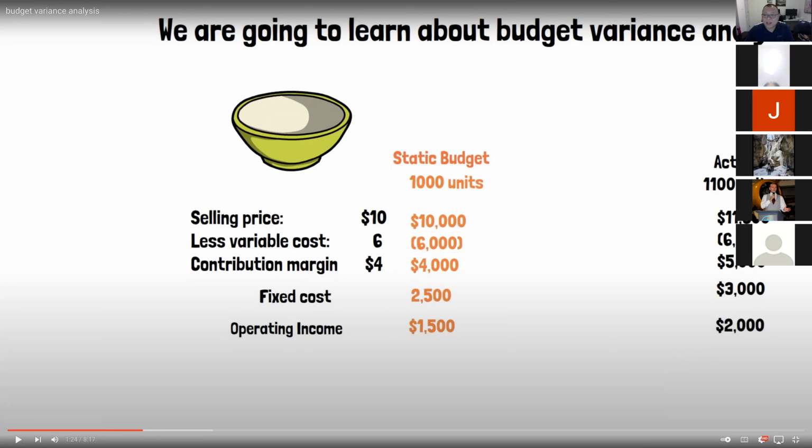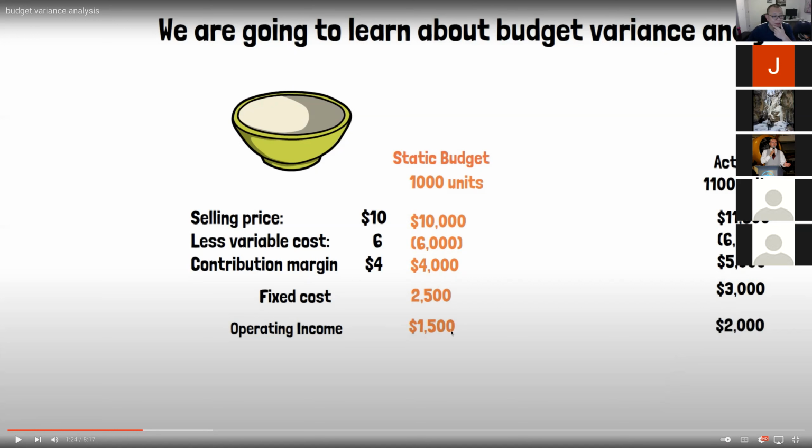But what is the actual result? We are selling more, 1,100 units, and the bottom line is better. We are making $2,000. So now there's a variance between 1,500 and 2,000, a variance of 500. Can anyone tell me, is this a favorable or unfavorable variance? Favorable, right?